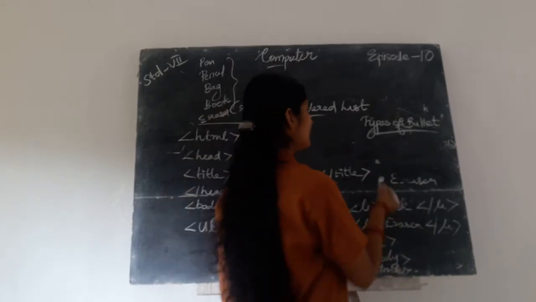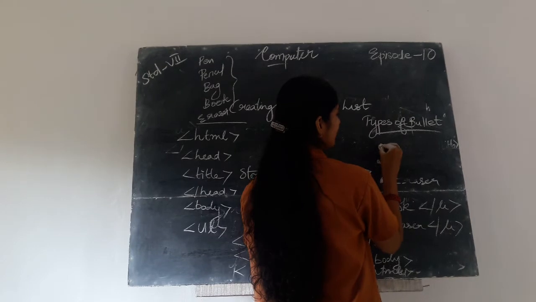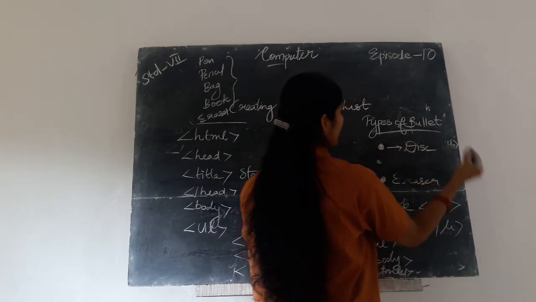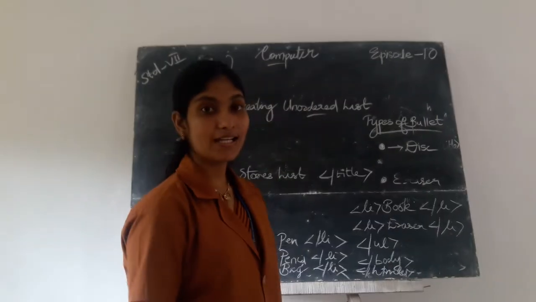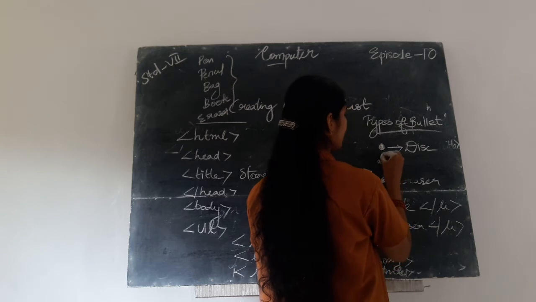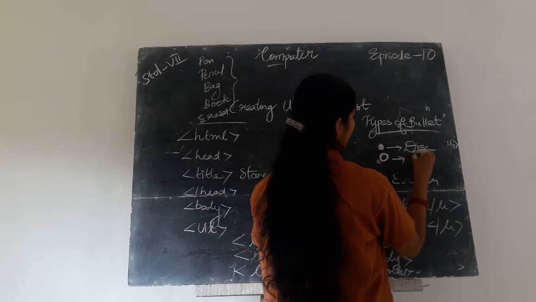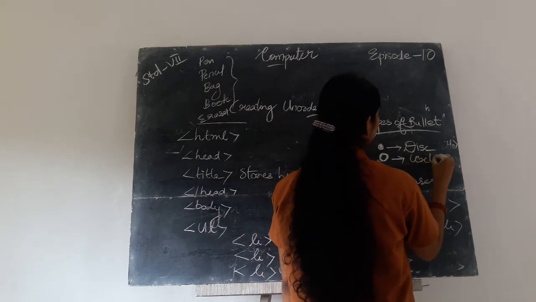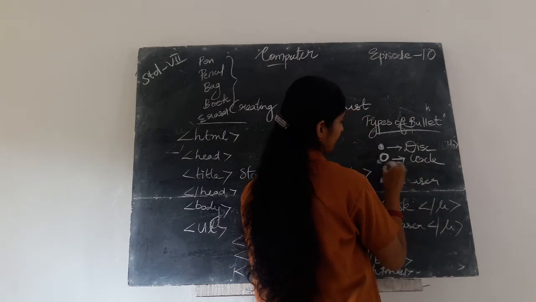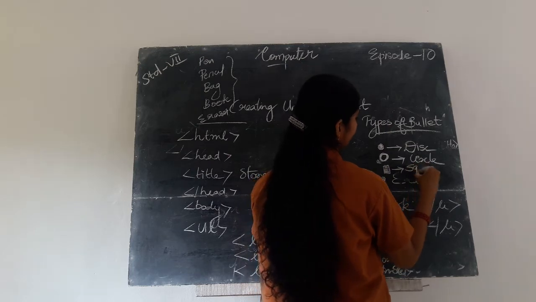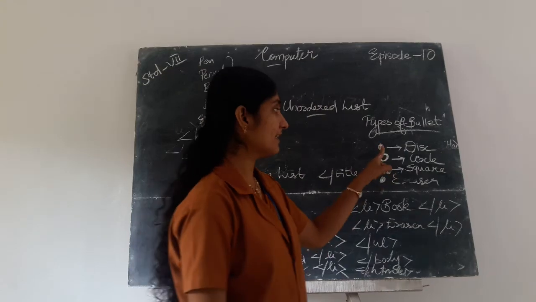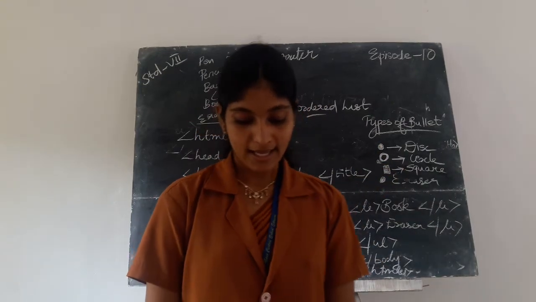First one is disc type. Then second one is circle. Circle means just give a circle. And third one is square shaped bullet. These are the 3 types of bullet: disc, circle, square.